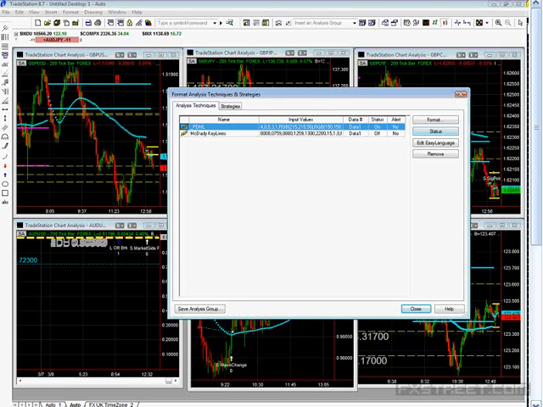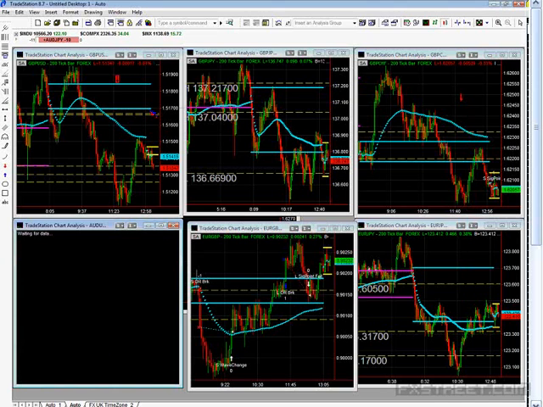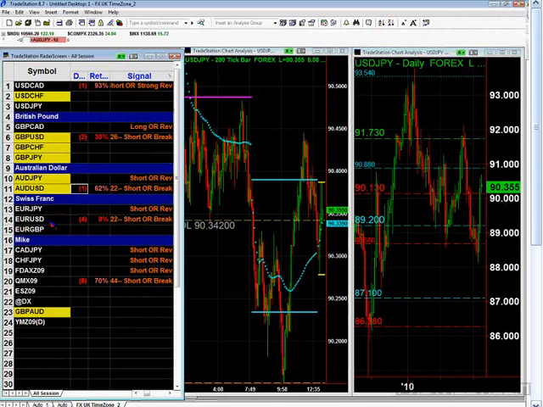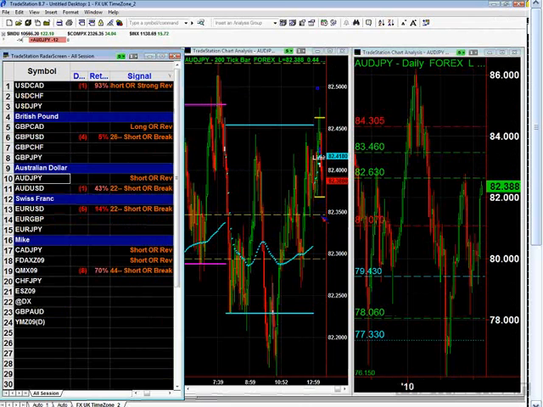We have a bad tick, so I'm just going to refresh the screen. Let's put the pound CAD on the other side of the range. If it gets to the other side, right below this line over here, I'm going to close the trade.